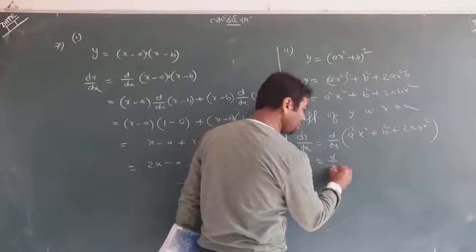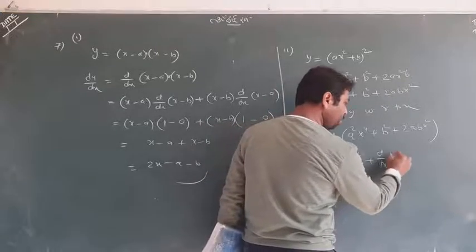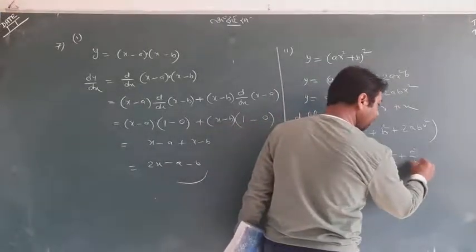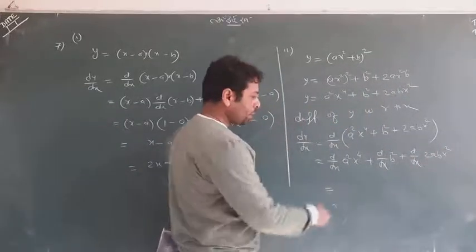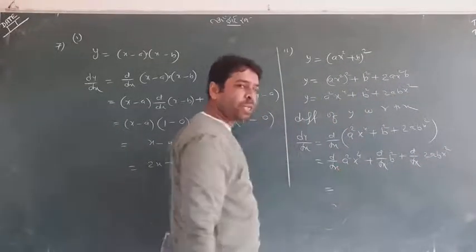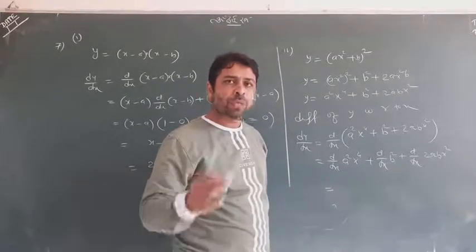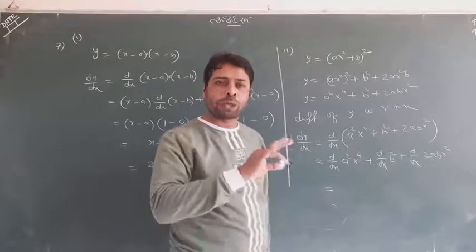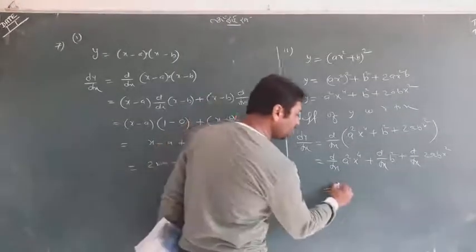So d by dx of a squared x to the power 4 is coming, d by dx of b squared is coming, and d by dx of 2ab x squared is coming. Let me explain: a is a constant along with x. With multiplication, the differentiation of a squared will not be 0 because it is multiplied by x to the power 4. So a squared will come out as it is.